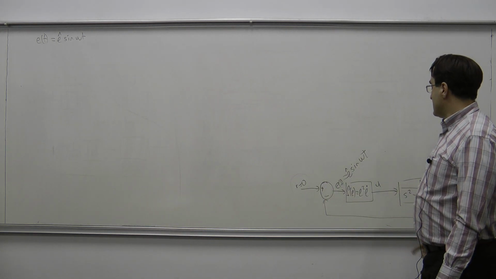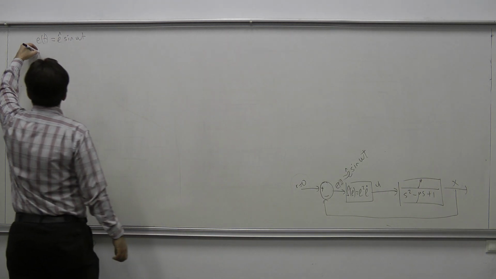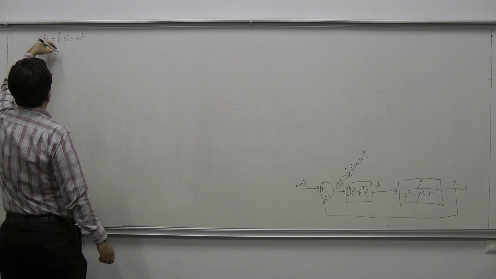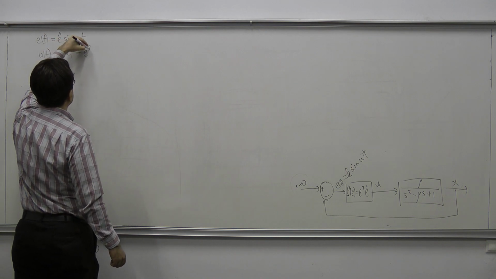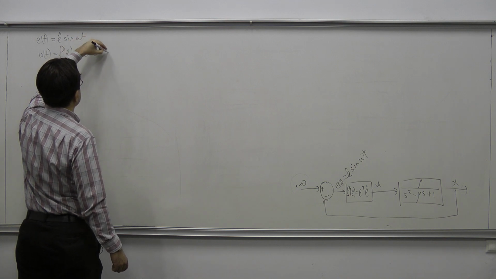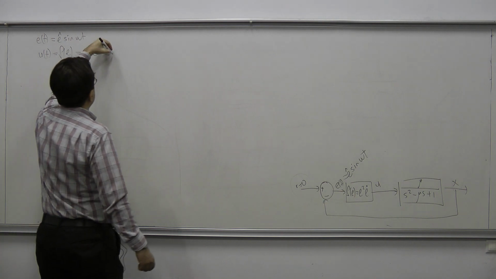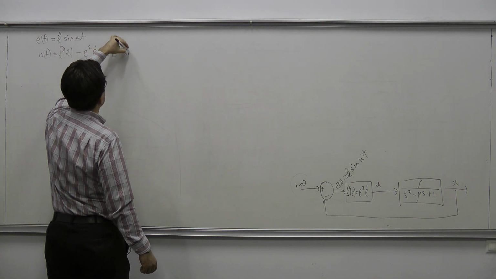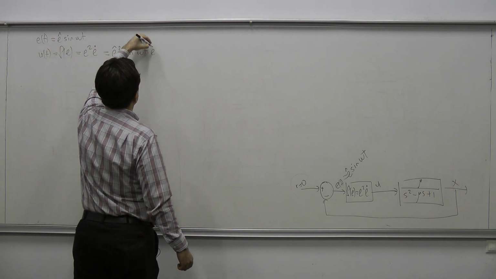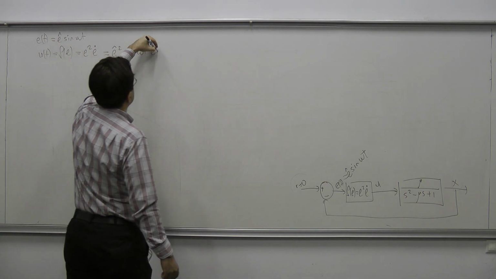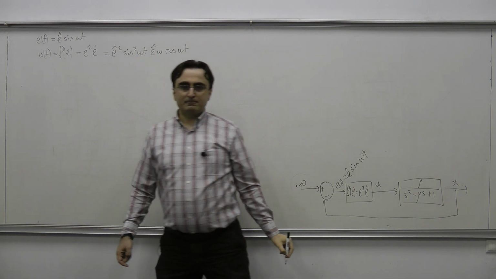All right? Now I will calculate U of t here. We know that it is f of E, but it is E square times E dot. Okay? Let us take E square, E hat square, sine square omega t, and E dot is E hat times omega times cosine omega t. Okay?